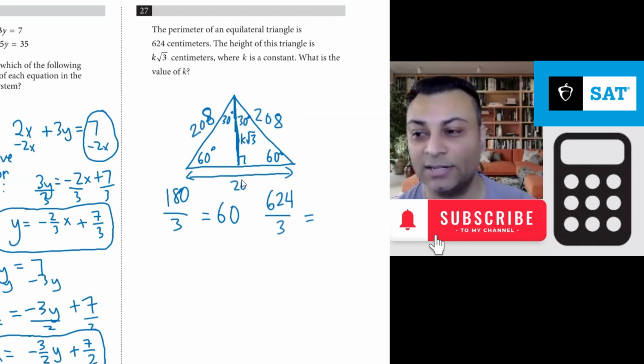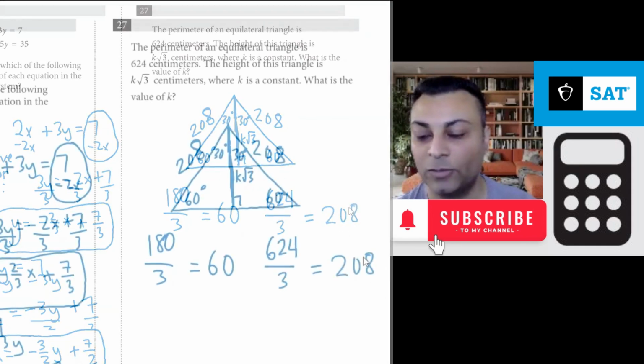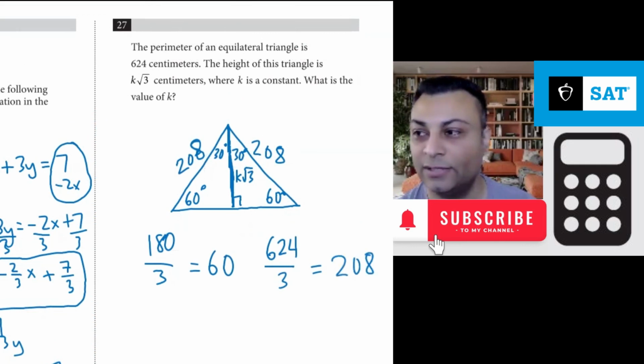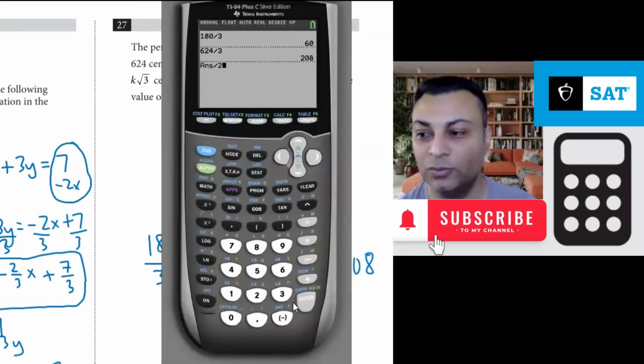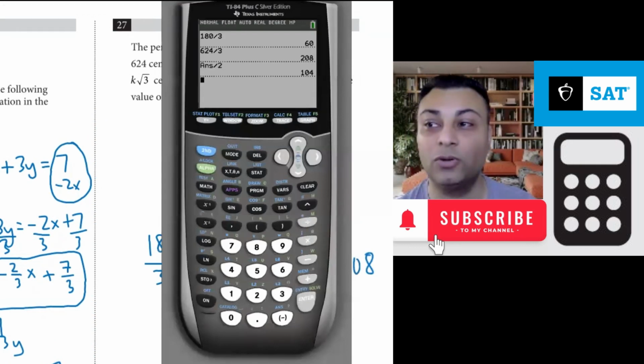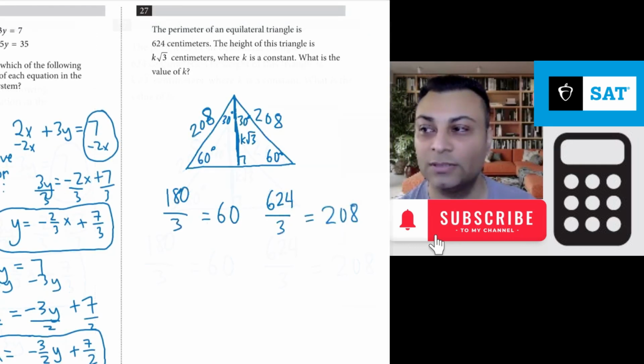But let's cut it in half because we have cut it in half in this picture. Oh, this was 208. Okay, so let's cut that in half. Let's grab the calculator. Let's divide by 2. 104. So this is 104, 104, and this part is 104.